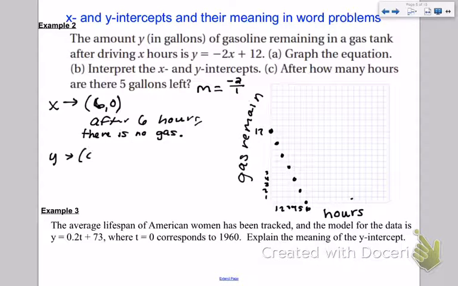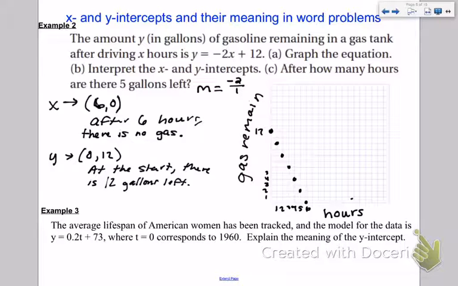The y-intercept is at 0, 12. So at 0 hours, at the start, there is, and then the y is gas remaining in gallons, so 12 gallons left.